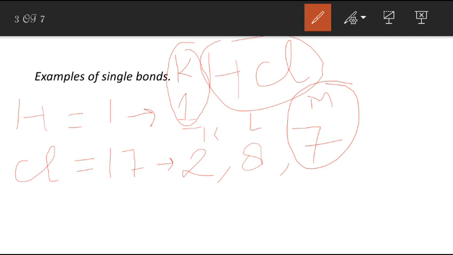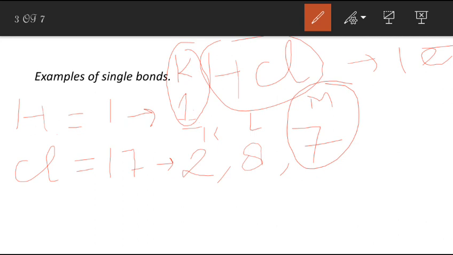In the K shell there must be a total of 2 electrons and in the M shell there must be a total of 8 electrons. So you will remember that the number of electrons needed by the atoms is the same number of electrons they share. For instance, hydrogen needs only one electron to become stable, that means it will share one electron.